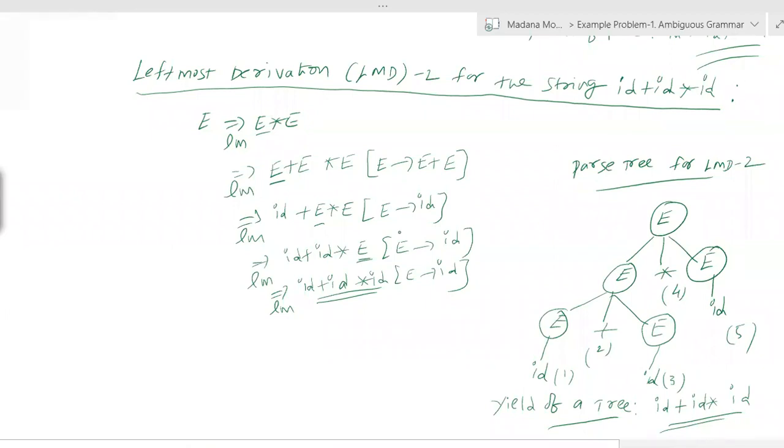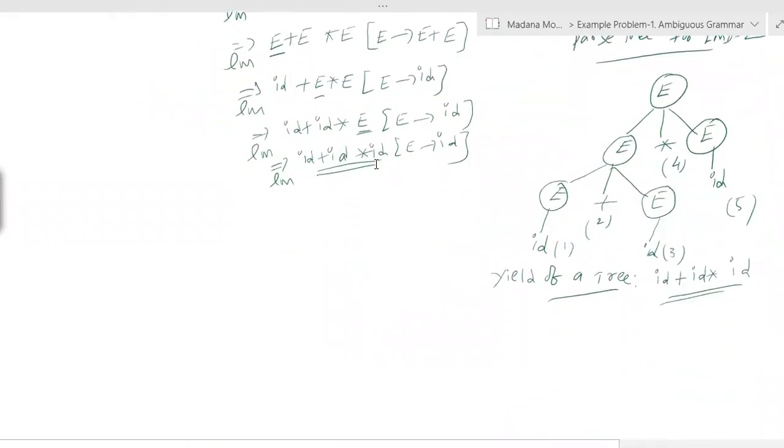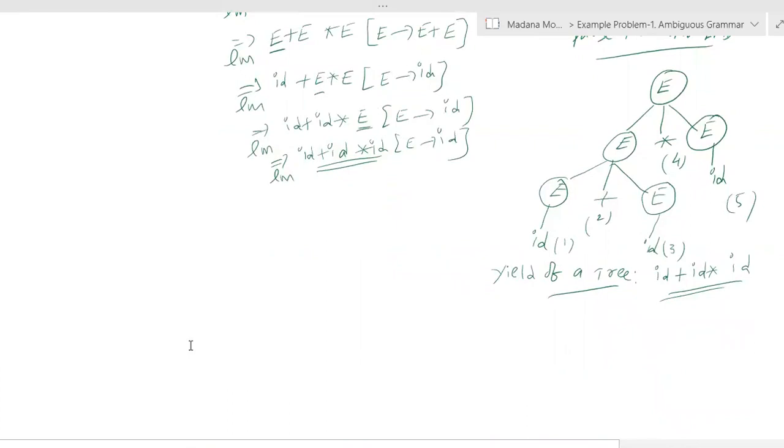Now you can see, as per the definition of ambiguity or ambiguous grammar, when can you say a context-free grammar is ambiguous?